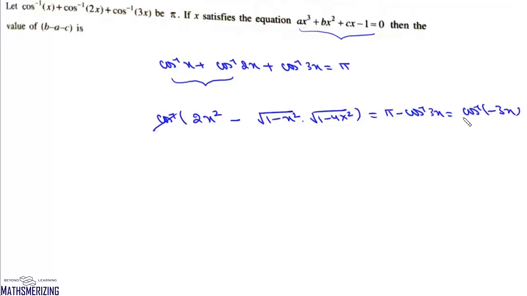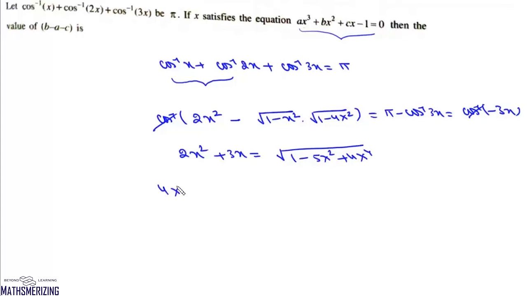Now we'll cancel this cos inverse, then we can write 2x square plus 3x will be equal to under root of 1 minus 5x square plus 4x to the power 4. Now we'll square both sides.